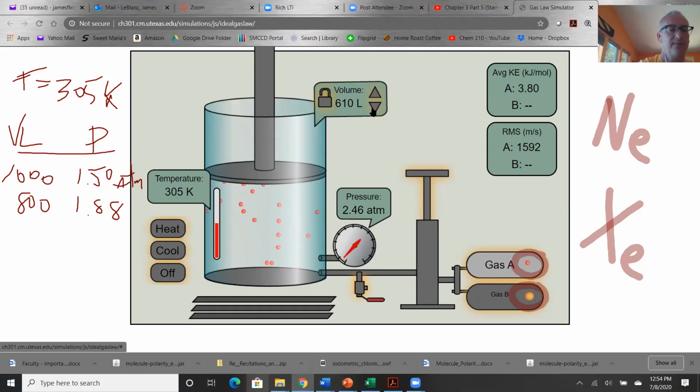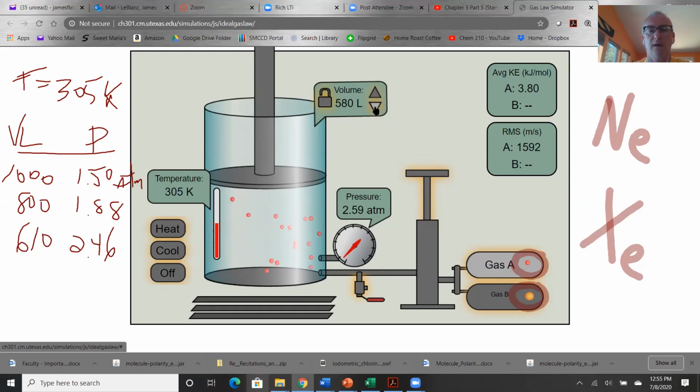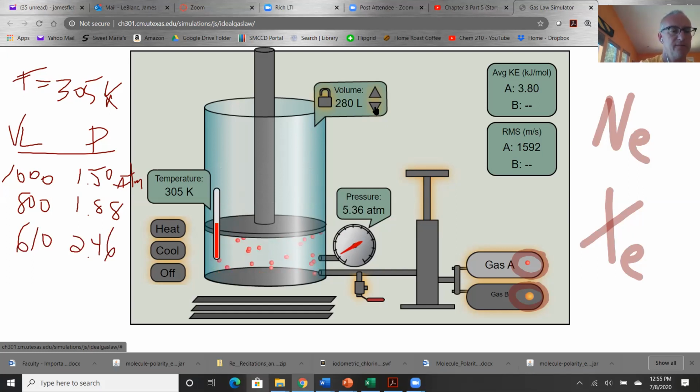Obviously you can pick whatever you'd like. I like to do the full range so that I can make my plot as big as I can. So at 610, I've got 2.46. Okay, make a note of that. All right, so 280.